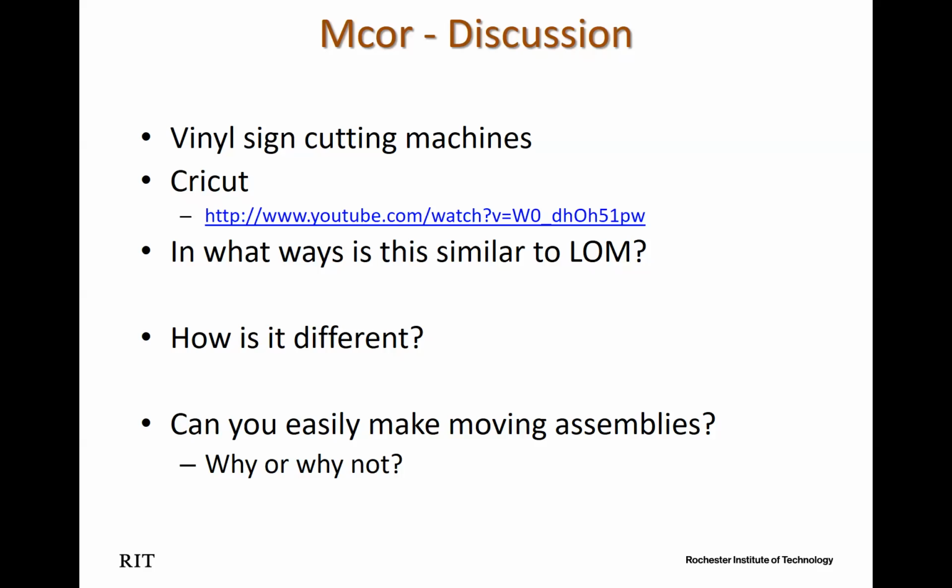Actually, the answer to this question is no, because for the moving assemblies, basically there will be a small gap between those movable parts, I mean, the components of the movable region, and since we need to remove the paper after the process, the gap between each of the moving parts is very small.